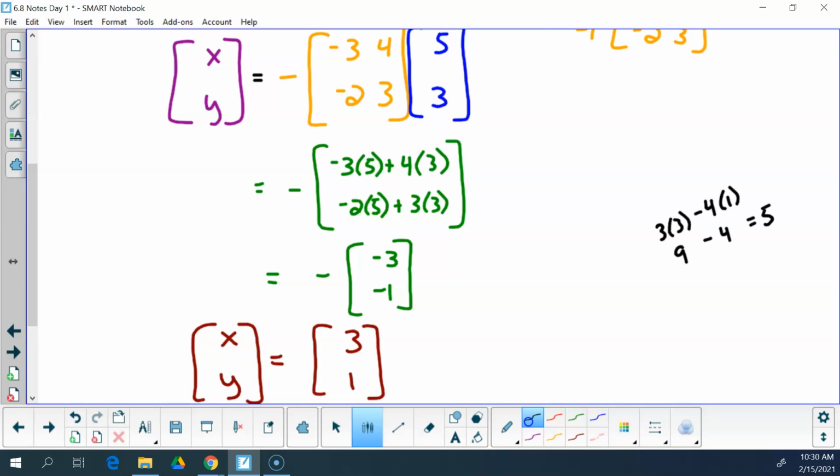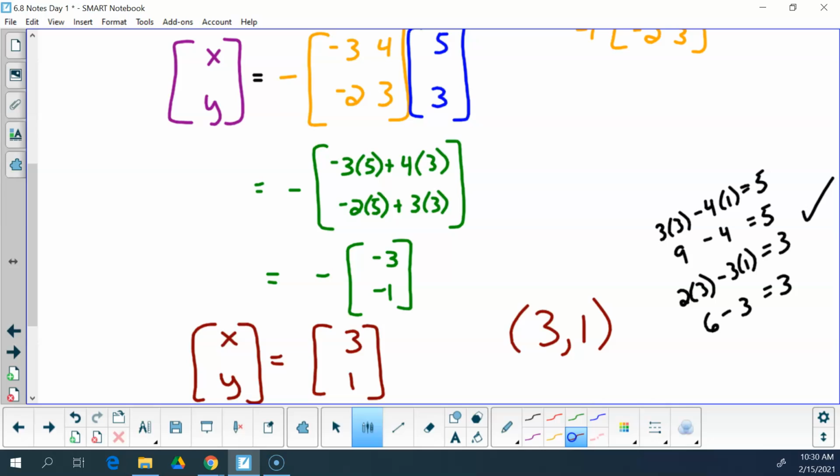That's equal to 5, and the first one was equal to 5. First equation checks out. 2 times 3 is 6, minus 3 times 1 is minus 3. That's equal to 3, and the second one had to be equal to 3. So both of them check out. So my final answer is the point 3, 1.